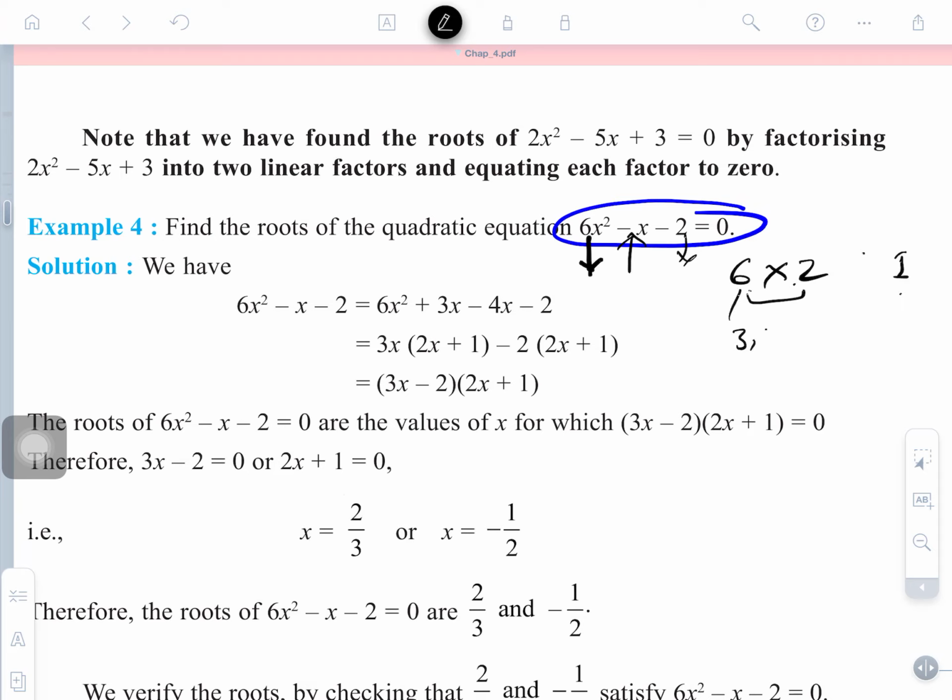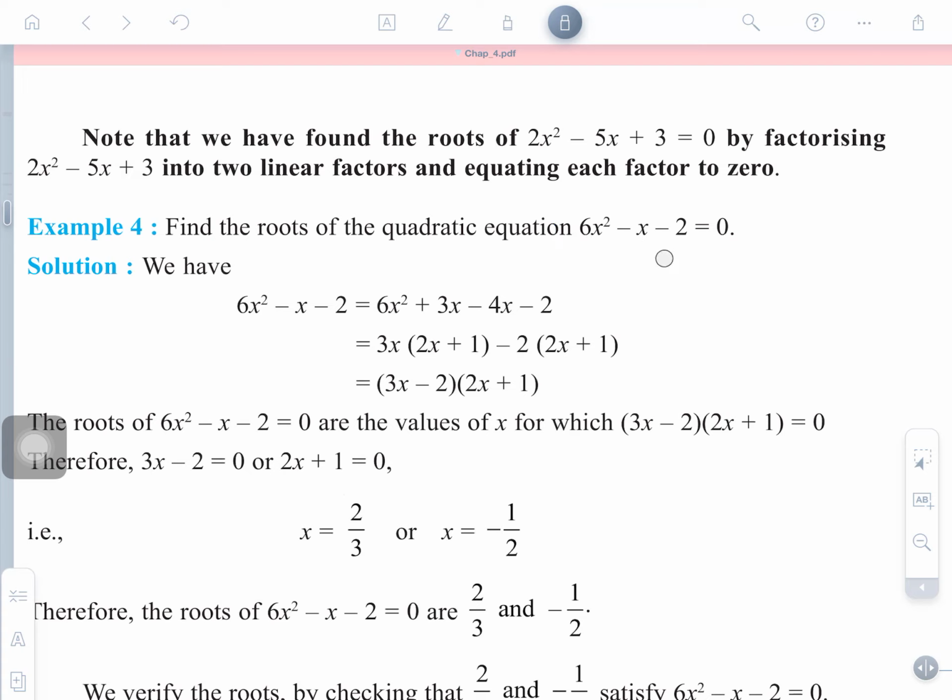So split again, 3 and 2 and 2. From these two we make 4 and 3. So 3 plus 4 is 7, it's not coming 1, and 4 minus 3 is 1. Yes, this is the best arrangement here, 4 minus 3. So actually we have obtained the splitters right now by using the first and last.